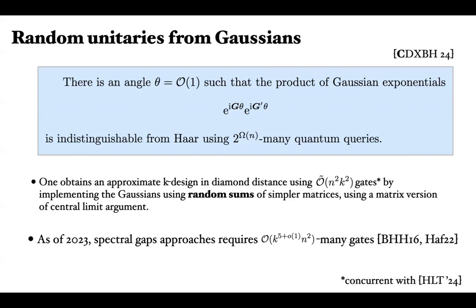In the end, going through some algorithmic implementations, we can implement these Gaussians using central limit theorem style arguments by summing a bunch of simpler random matrices. That ends up giving us n squared k squared complexity. Conceptually, this is interesting because most existing works study spectral gaps for random unitary circuits.